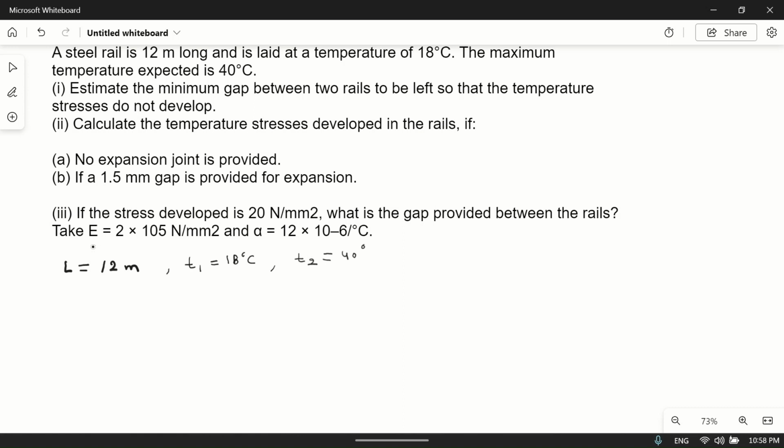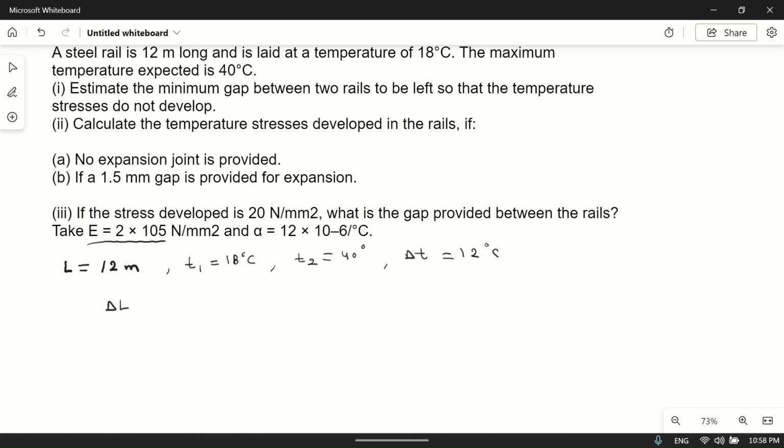Here the value of Young's modulus of elasticity is 2 into 10 to the power 5, and alpha is 12 into 10 to the power minus 6. So what is the temperature difference? Delta T is 40 minus 18 is equal to 22 degrees Celsius. So what will be the delta L?